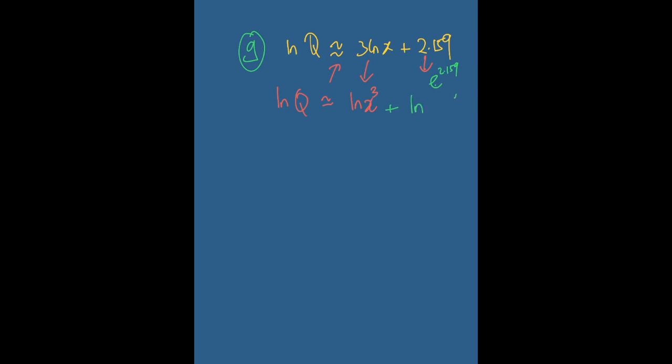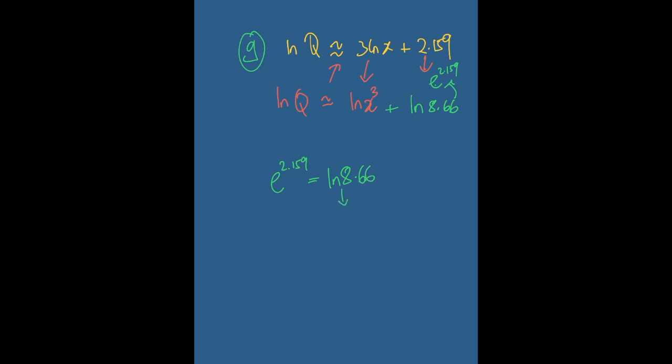So if you enter this into your calculator, you'll come up with 8.66. So basically what we're saying is that e to the 2.159 is the natural log of 8.66, okay?